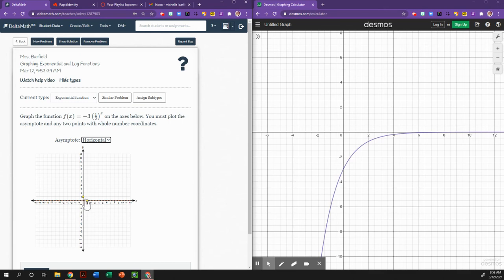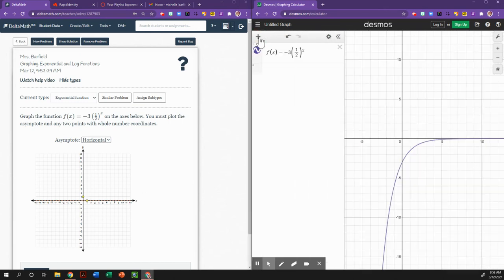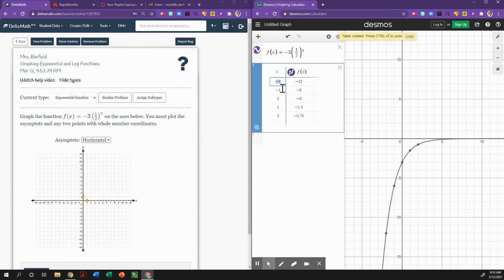All right, these two yellow dots, I'm going to go back over here to Desmos. I'm going to click on the gear, and then I'm going to click on the table. All right, and I've got these values. Now, -1, 6, and 0, -3. So -1, 6 I'm not going to pick, because remember, Desmos says right here it needs any 2 points with whole number coordinates. But 0, -3, that works, and -1, -6.